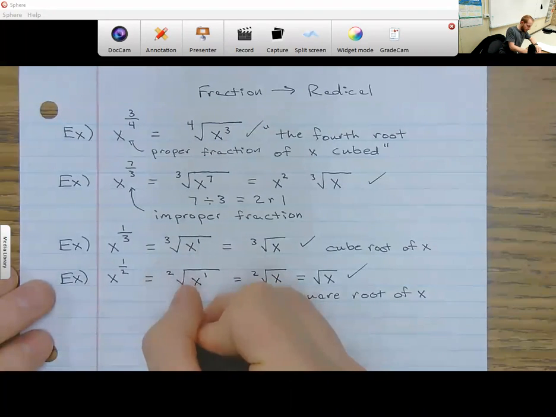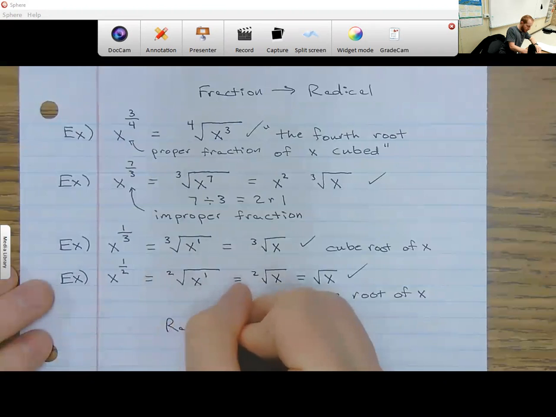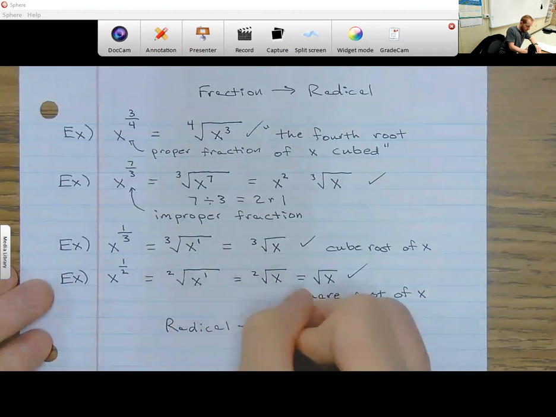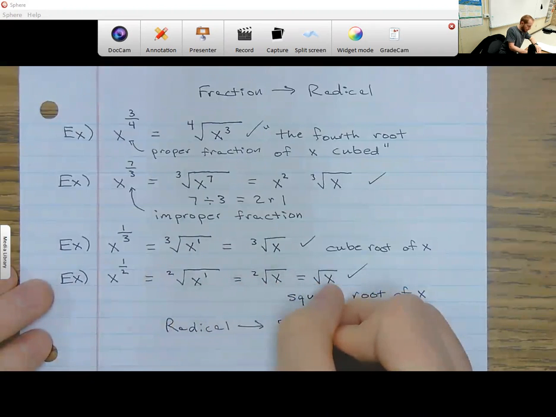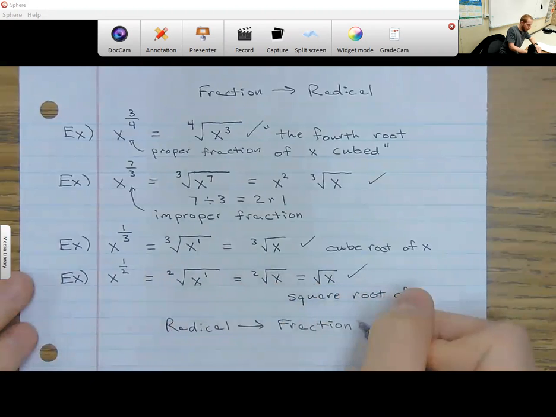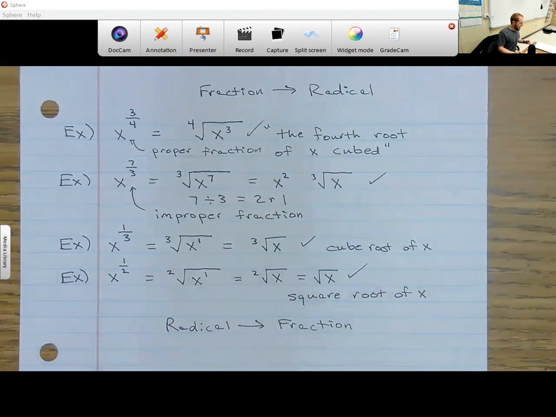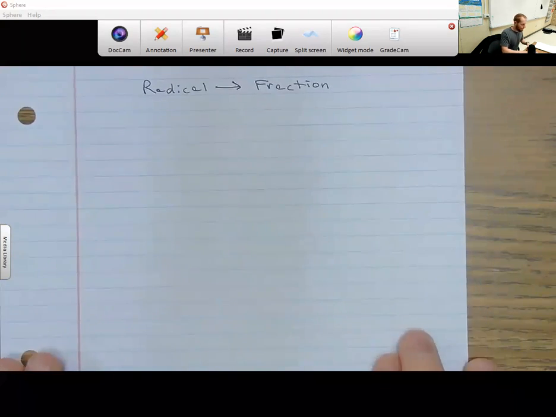So that's what we're going to be looking at next. How do we go the other direction? And I've got a couple examples from the notes that I want to go over. So now I'm going to give you something like square root of x, and you're going to have to write that as x to the 1/2 power, just as an example, okay? So let's take a look at that.